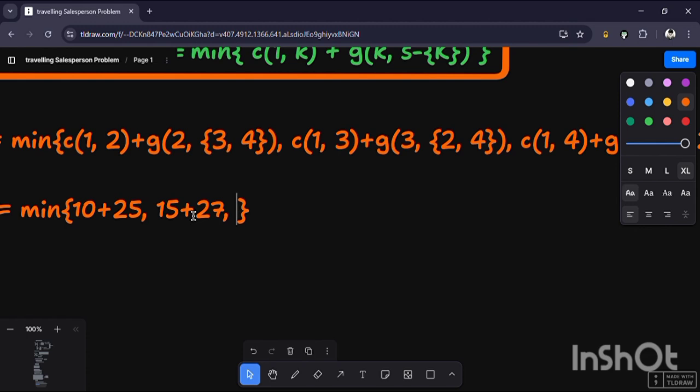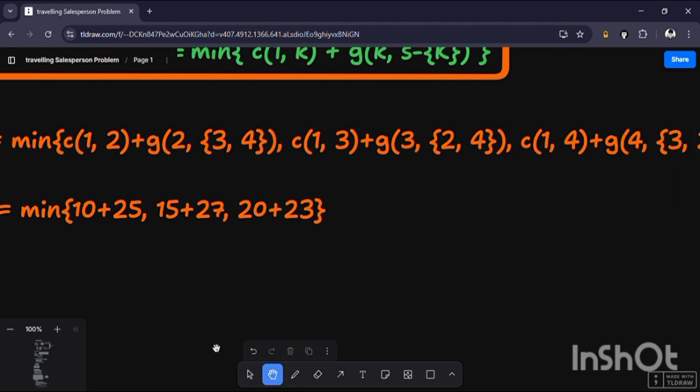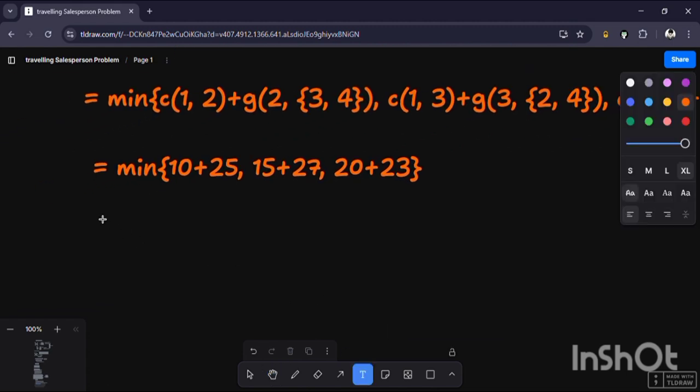The value of c of 1 comma 4 is 20, plus 23. Okay, so what is the minimum value here? You can see the minimum value is obviously 35, right?